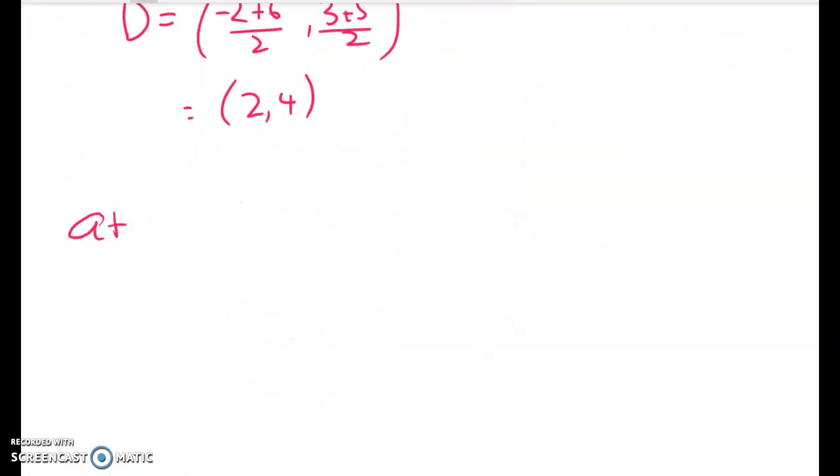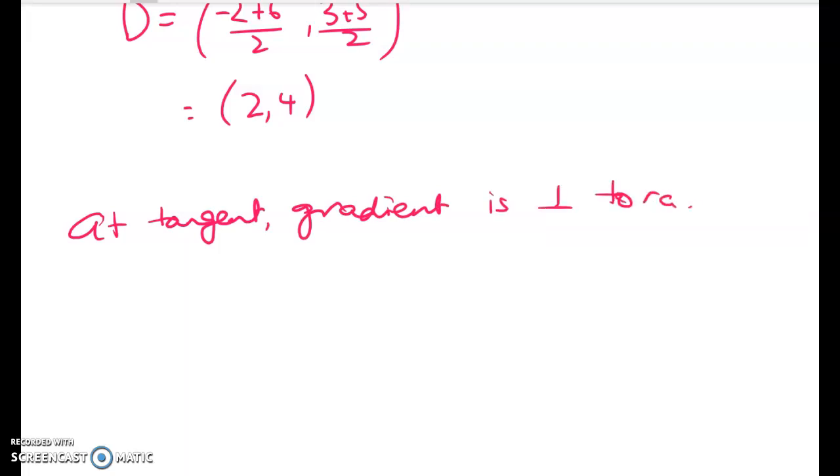Okay, so at the tangent, the gradient is perpendicular to the radius. So the tangent gradient is equal to 1/4 because the BE gradient was -4.